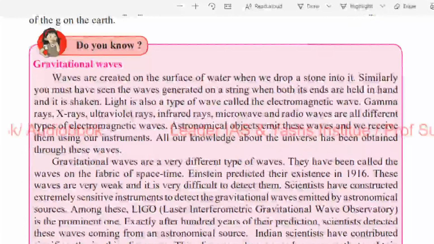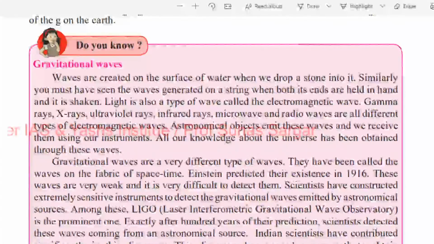Gamma rays, X-rays, ultraviolet rays, infrared rays, microwaves and radio waves are all different types of electromagnetic waves. Astronomical objects emit these waves and we receive them using our instruments. All our knowledge about the universe has been obtained through these waves.